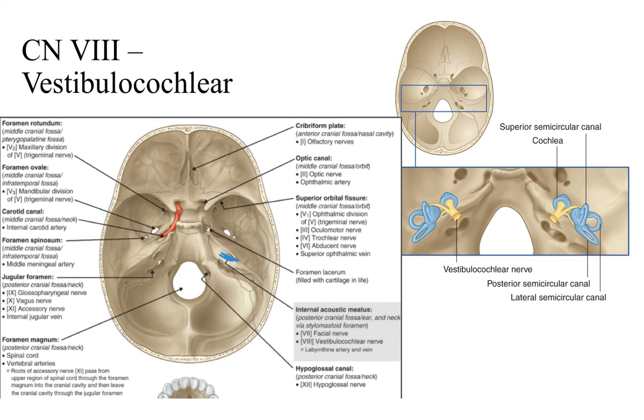All right, just again showing you the internal acoustic meatus, where both the facial nerve as well as the vestibulocochlear nerve will go. Facial nerve is going to come out just inferior to the external acoustic meatus, but the vestibulocochlear nerve is going to go to the apparatus for hearing and equilibrium that are within this petrous part of the temporal bone.